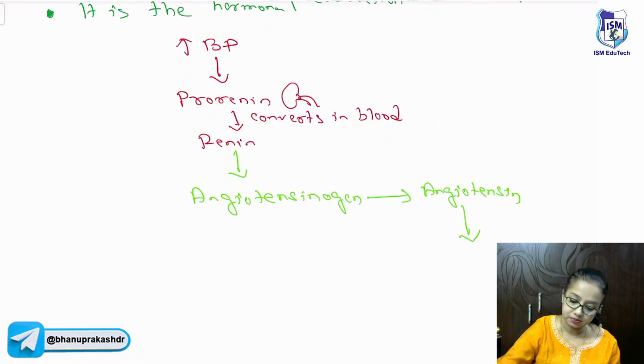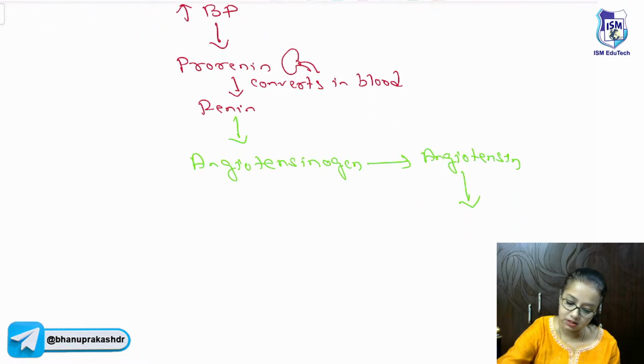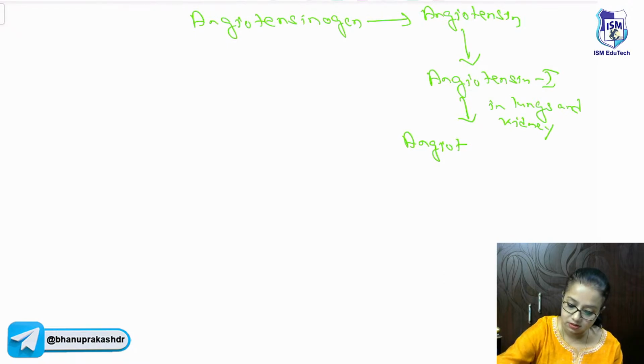Okay. Now, this angiotensin, it will be changed to angiotensin 1 in the first form, and then in lungs and kidney it will be converted to angiotensin 2.